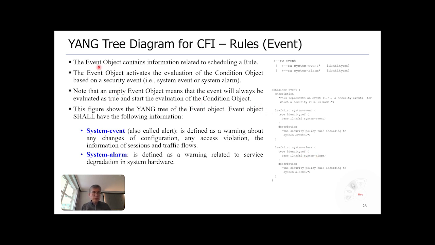So the event object describes the event information. Each object has the following information. System event is a warning like any changes of configuration, any access violation, and the information of sessions and traffic flows.